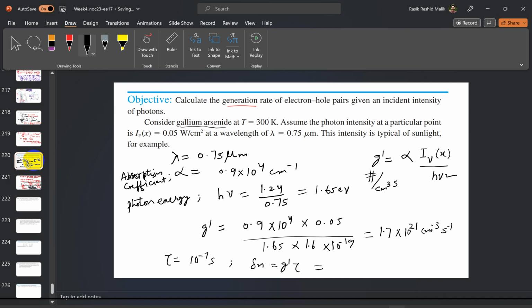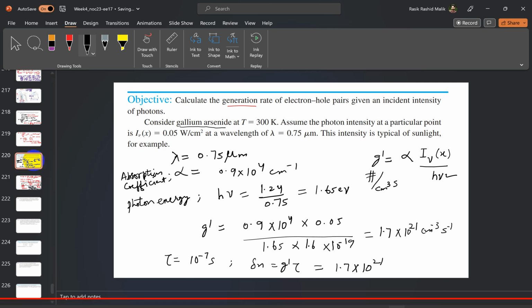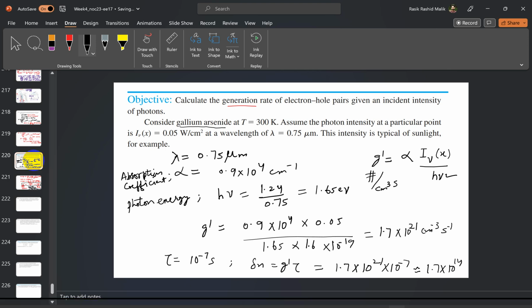So that is 1.7 into 10 to the power 21 into 10 to the power minus 7. So it is close to 1.7 into 10 to the power 14 per centimeter cube. So these are the excess carriers.